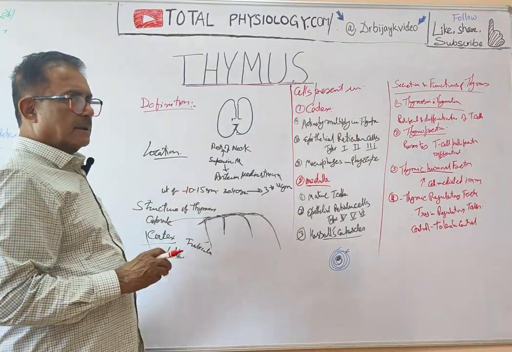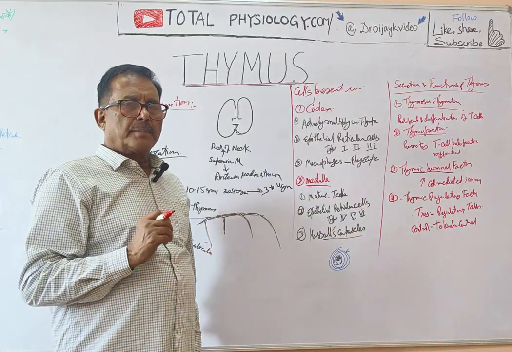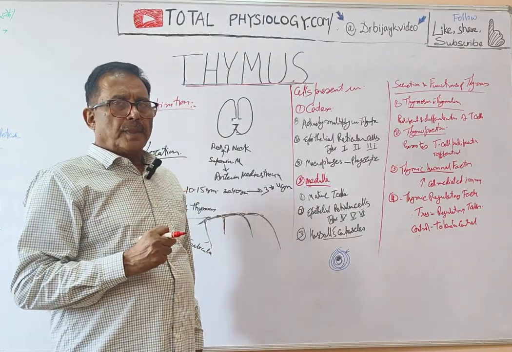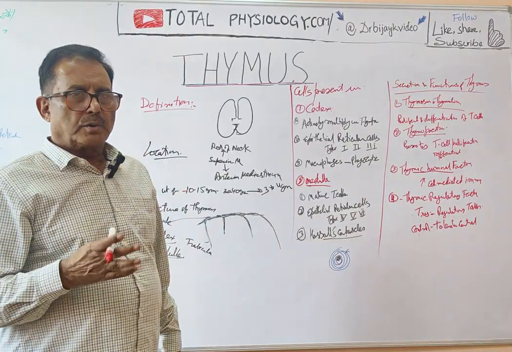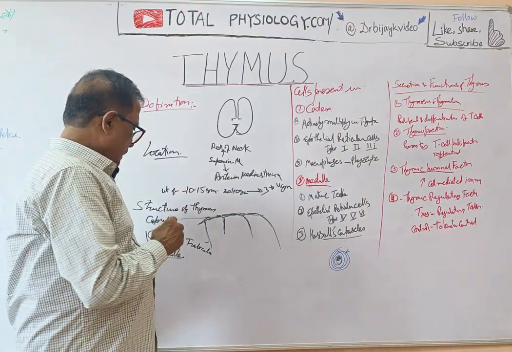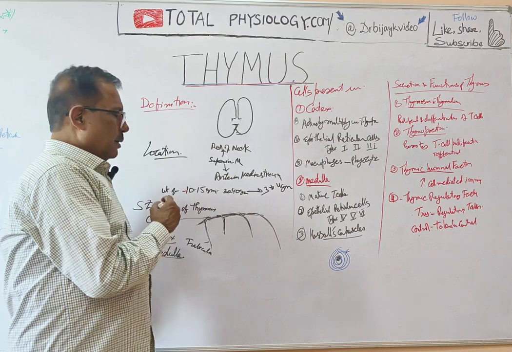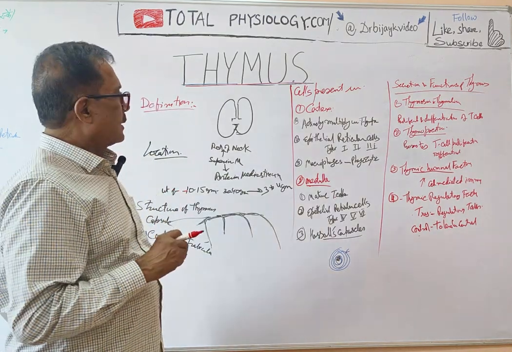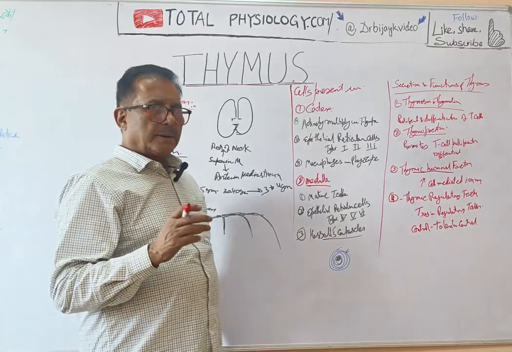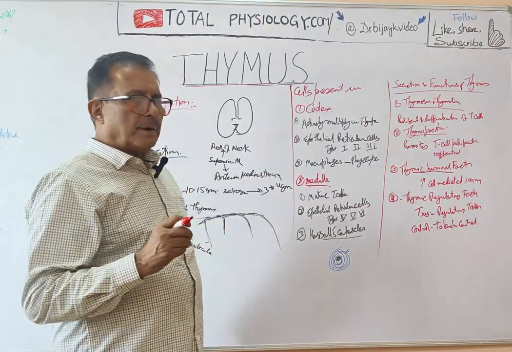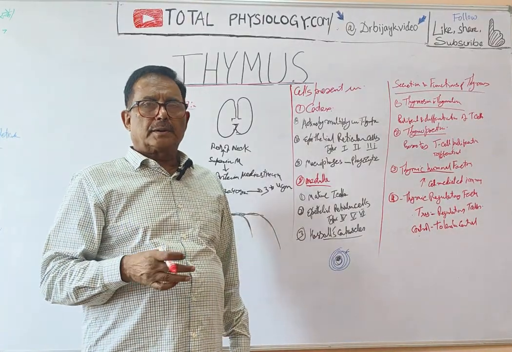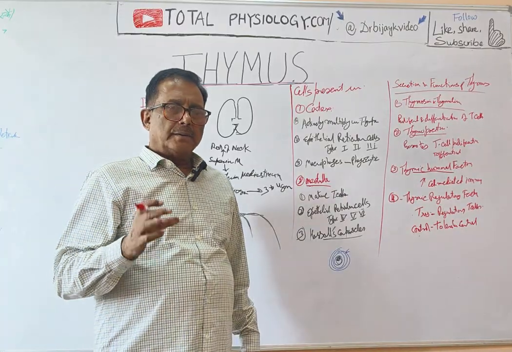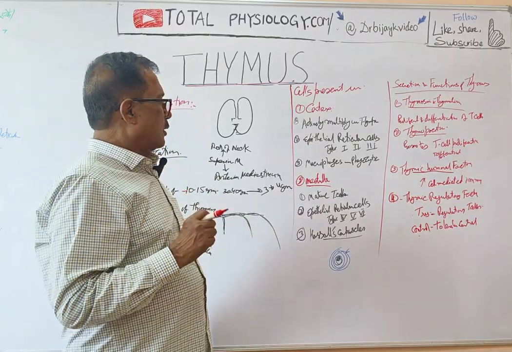It is covered by a thick connective tissue capsule, and trabeculae of the capsule enter the gland, forming lobules. Each lobule has cortex and medulla. Cells present in the cortex are actively multiplying T lymphocytes, and they are very numerous in the cortex.